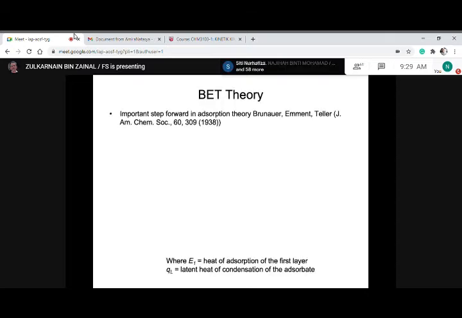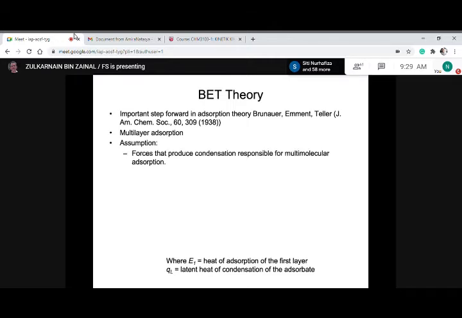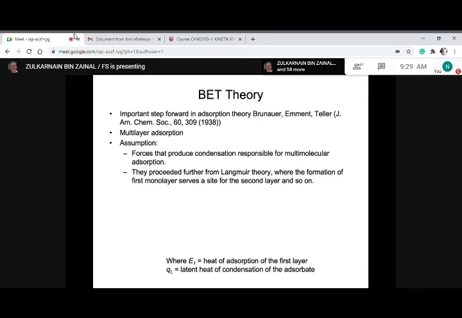All right. So the other theory is BET theory. This is a bit different assumption, where the assumption is that the adsorption occurs by multi-layer rather than monolayer.